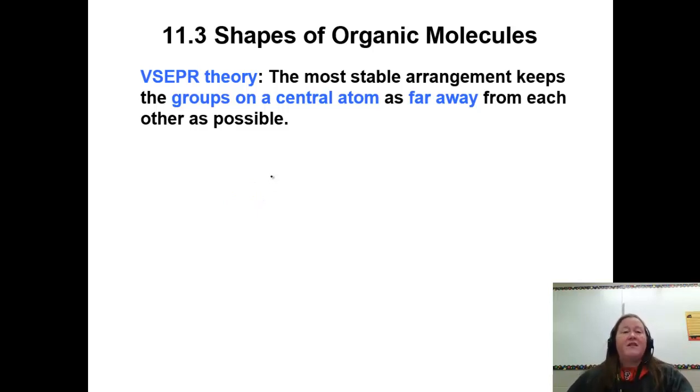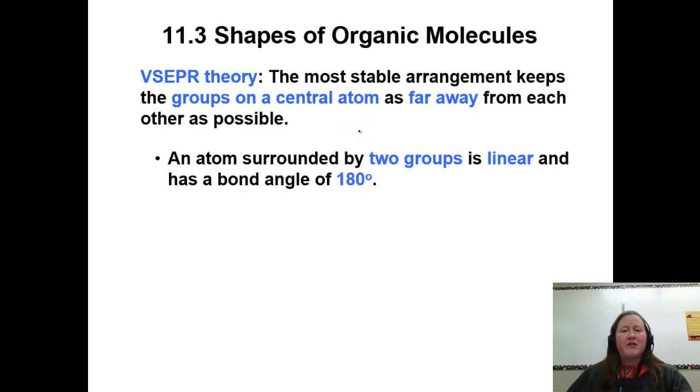Alright, so VSEPR theory stands for valence shell electron pair repulsion. I will never ask you to tell me what VSEPR stands for, but the central idea with VSEPR theory is that atoms are most stable when their electrons are as far away from each other as they possibly can.